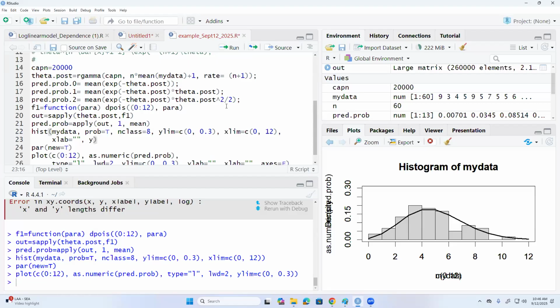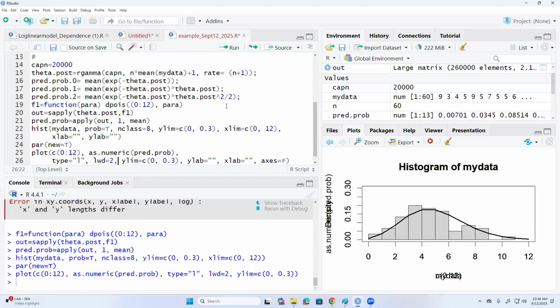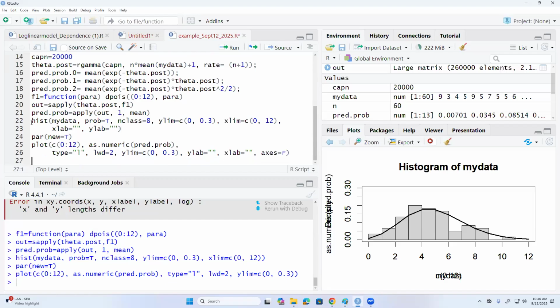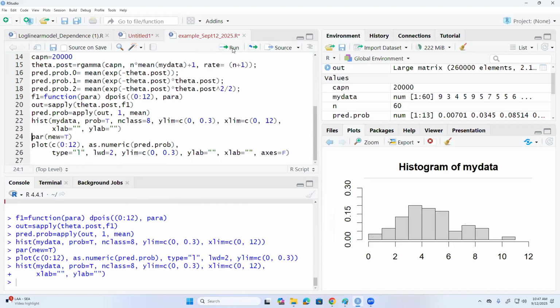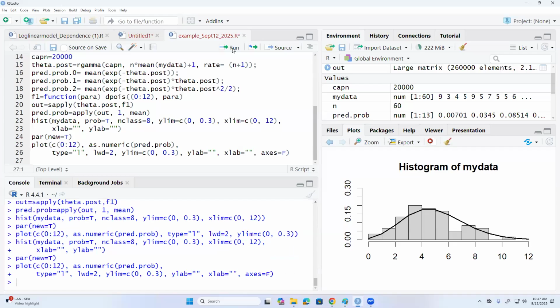Otherwise, it will be overlapping and not presenting any information. So now it is much nicer looking.